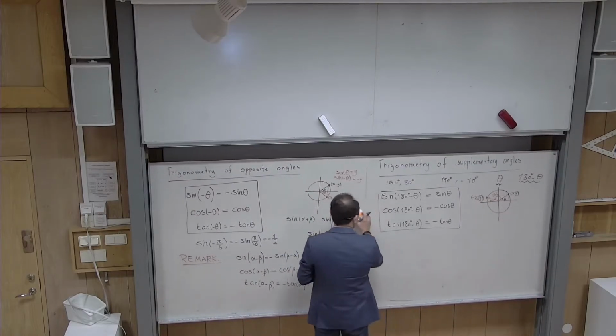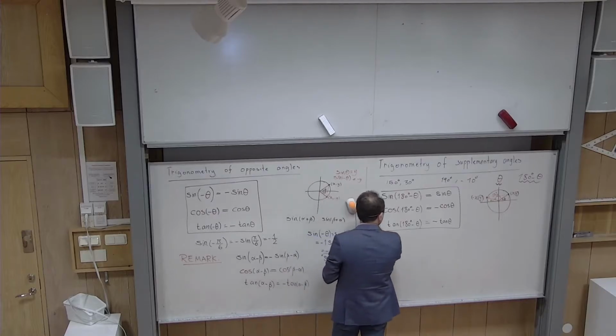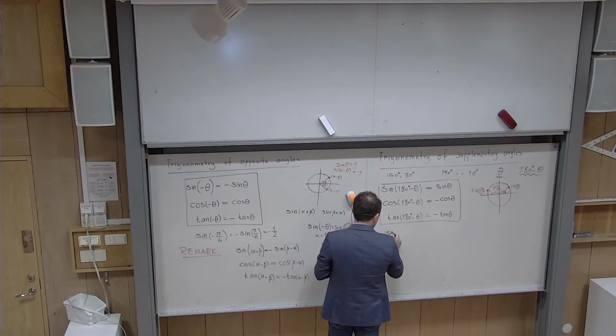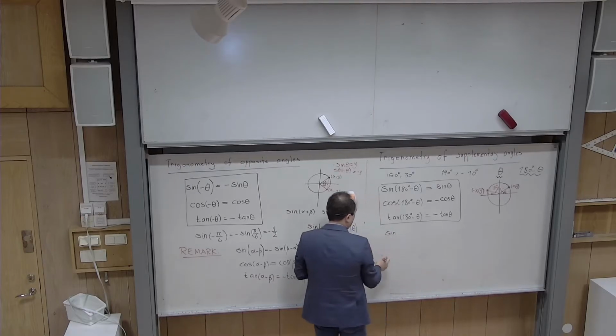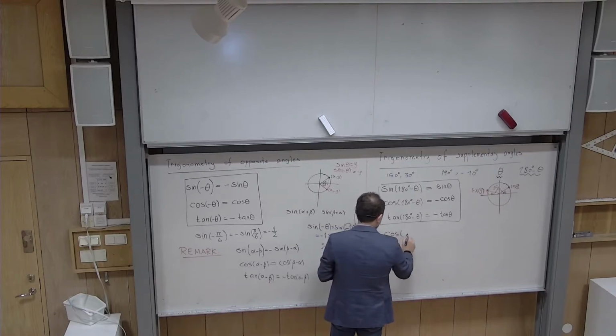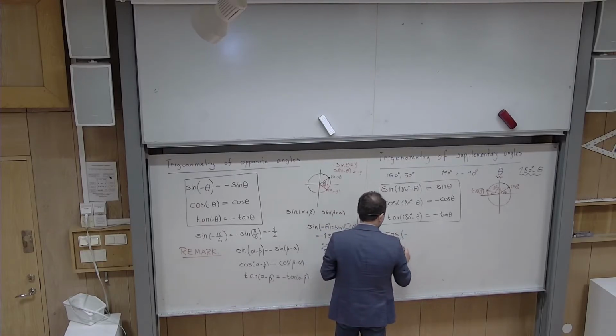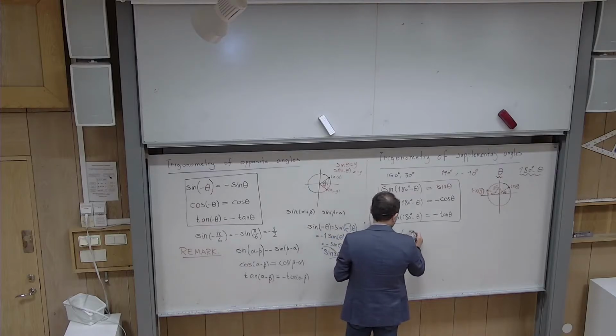For example, let me ask you to determine the exact value of cosine of minus 5 pi over 6.